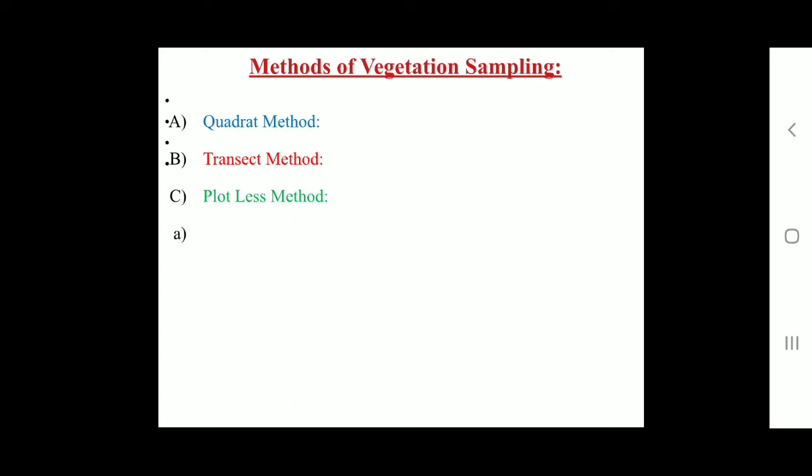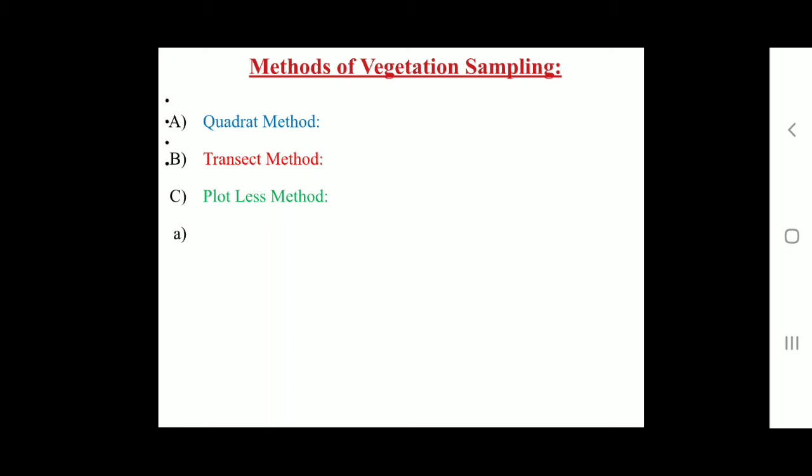Okay. Then density. It is estimated by calculating the average number of individuals of a species per unit area and calculated as follows. Density is equal to total number of individuals of species divided by total number of quadrats used in sampling.